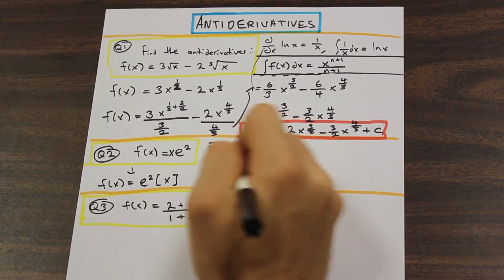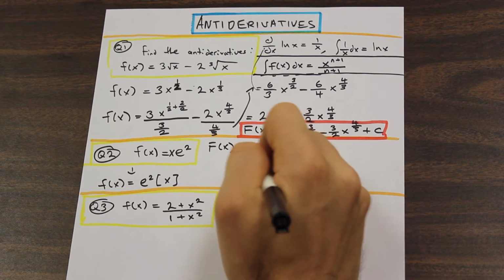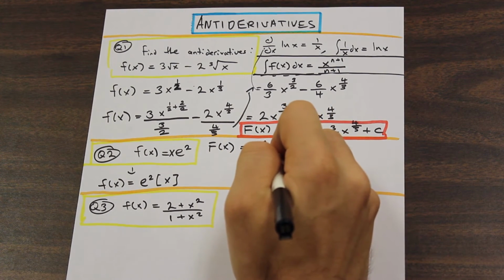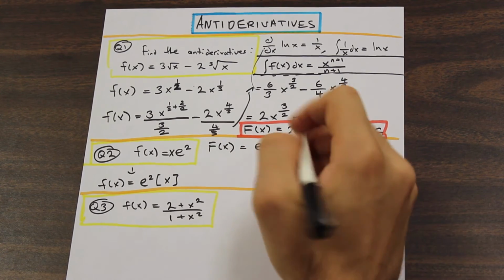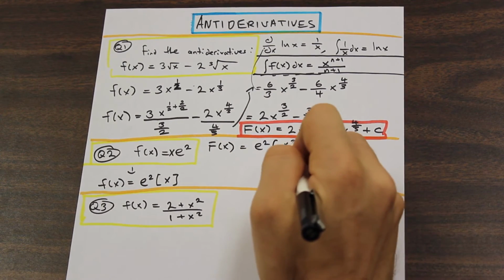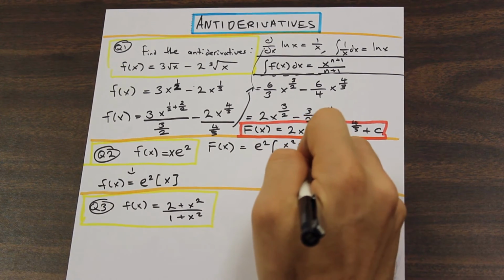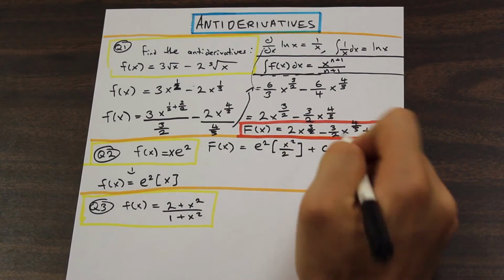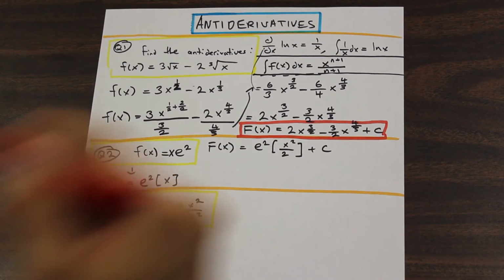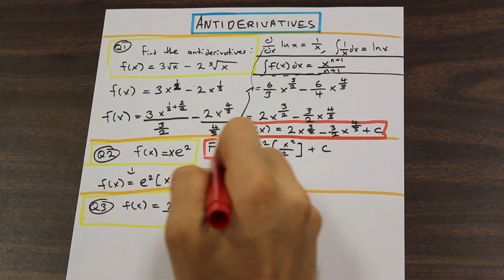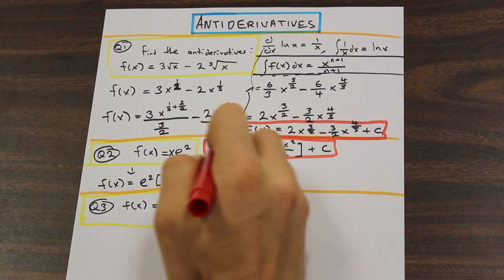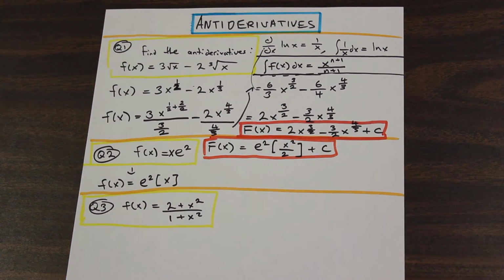So f of x is equal to, take that constant, move it outside, and we have x to the 2, and then we divide by n plus 1, which is 2. We are going to add our c, because that's what we do when we take antiderivatives. All right, and that's the second question finished.